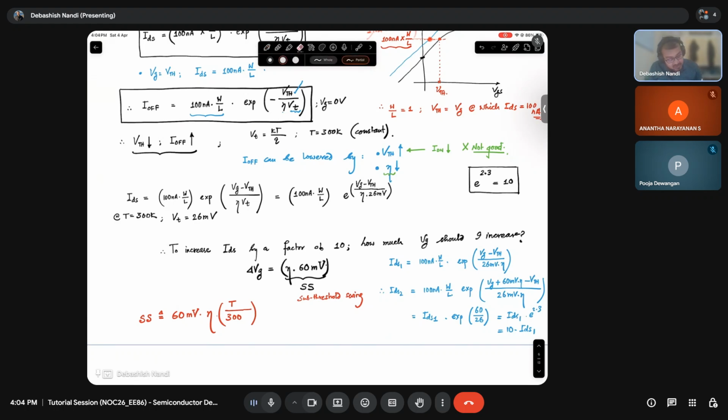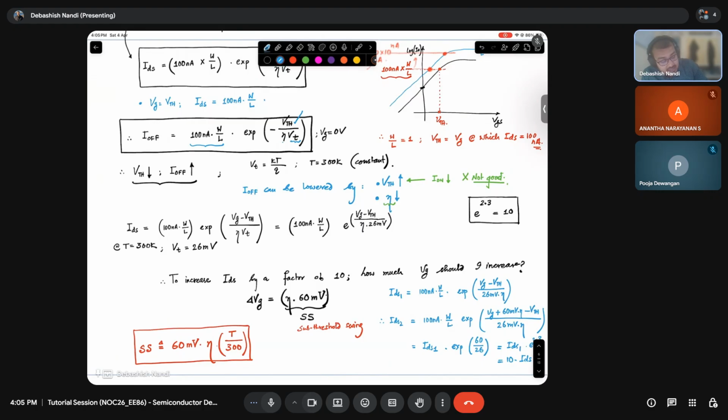If it is absolute scale, I can just remove the unit. So this is nothing but the inverse of the slope of this curve. The slope of this curve is S, that is del log10 ID divided by del Vg, and SS is S inverse. You can check the maths, but from the conceptual point of view, just understand this.